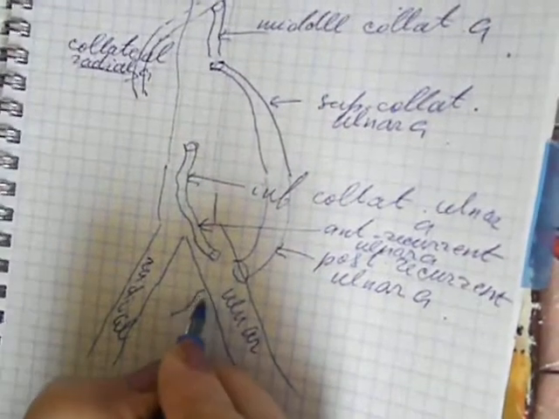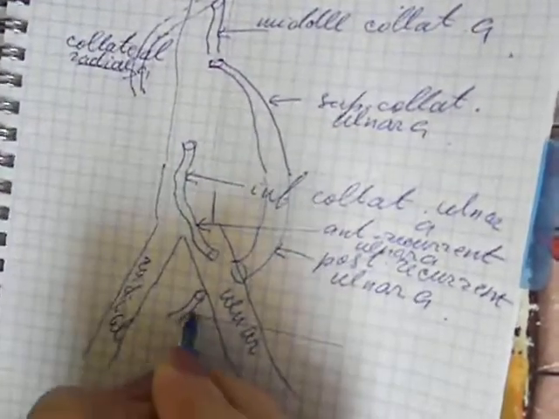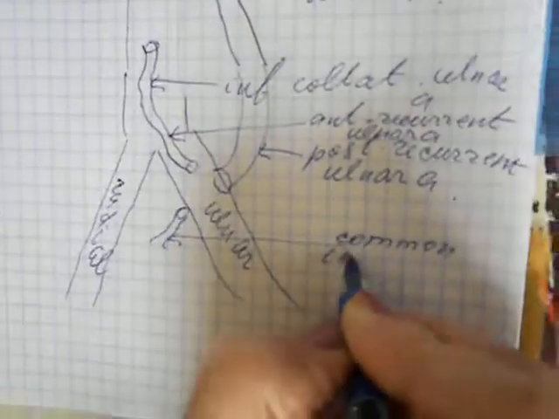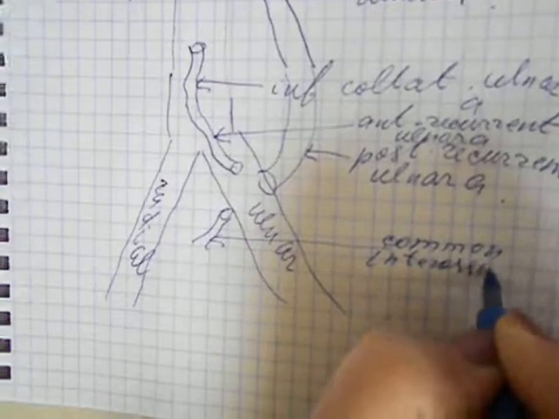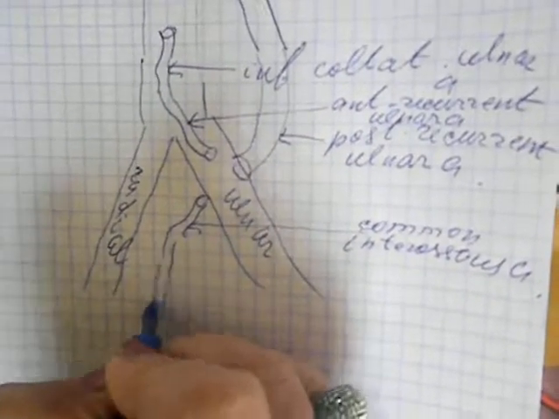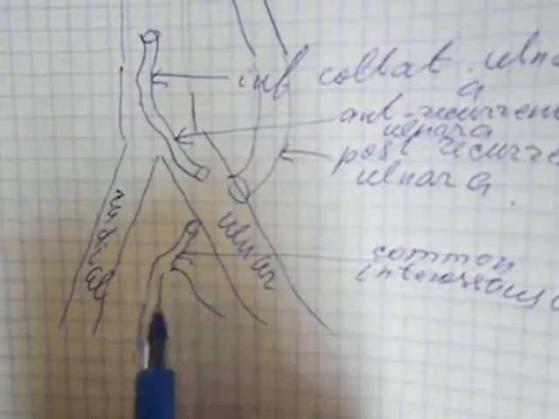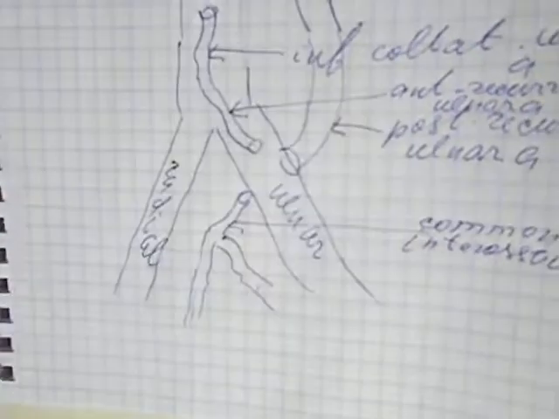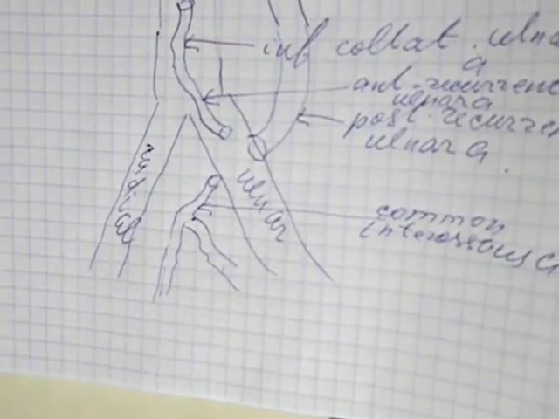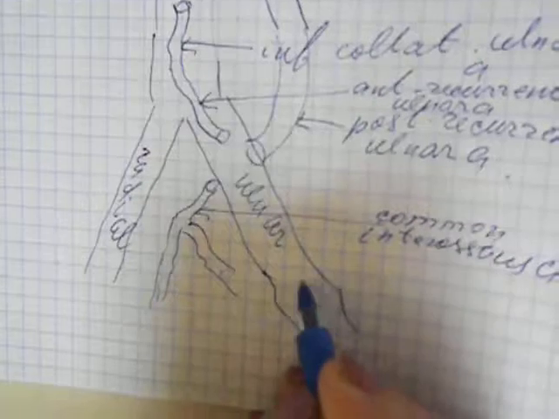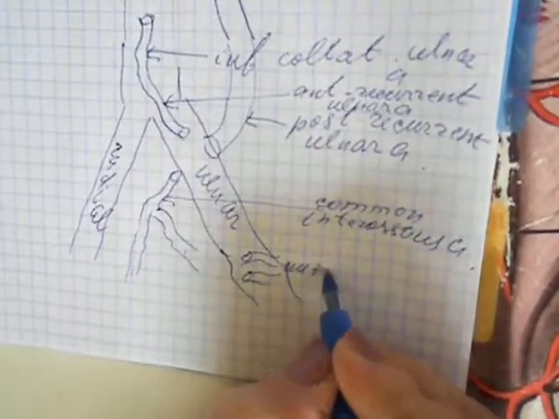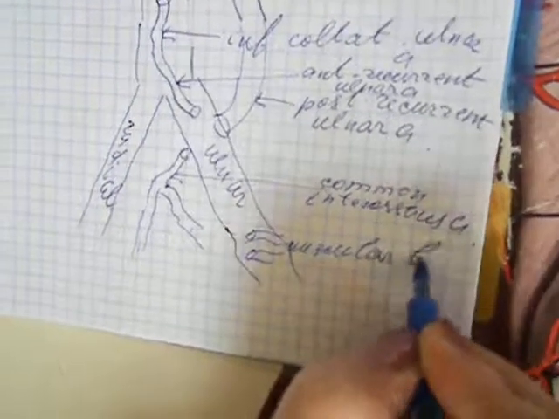Next, ulnar artery gives a common interosseous artery, which gives anterior interosseous artery to muscles of the anterior group of the forearm, and posterior interosseous artery to muscles of the posterior group. Next, ulnar artery gives many muscular branches to muscles of the anterior and posterior group of the forearm.